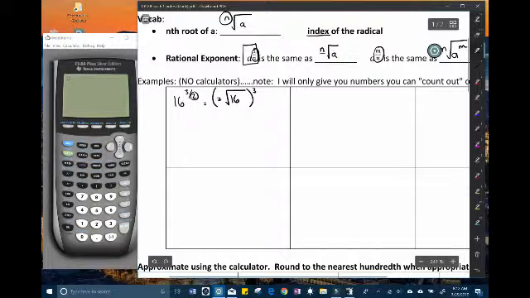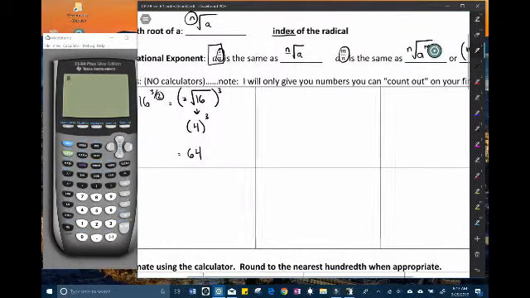Now some things that you know about this is really if we take the square root of 16, that is really 4 to the 3rd, and 4 to the 3rd is 64. So it's kind of just rewriting some things and going from there.